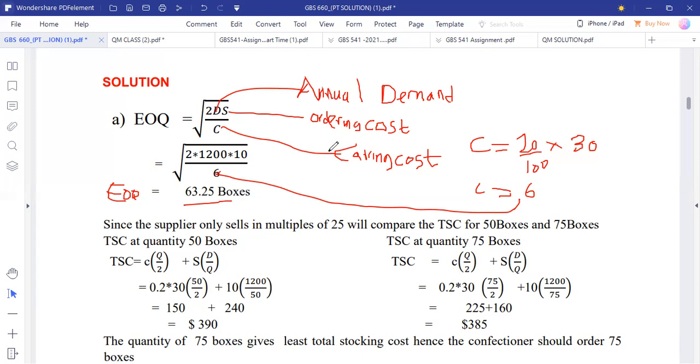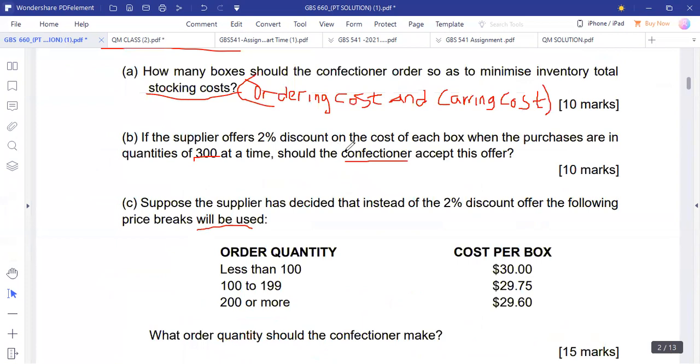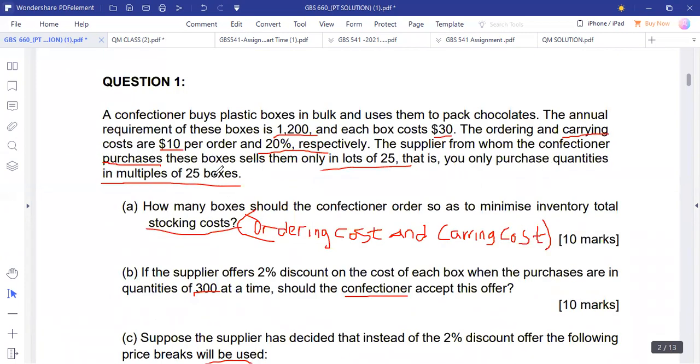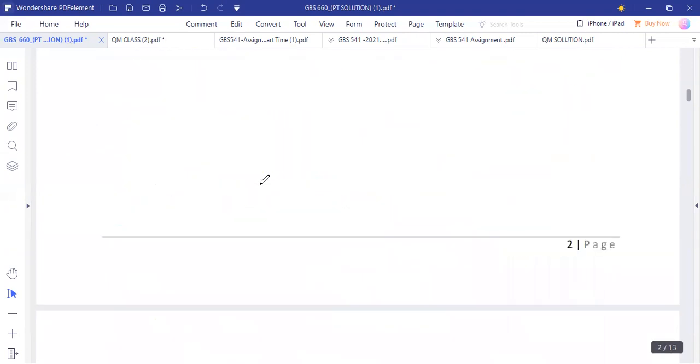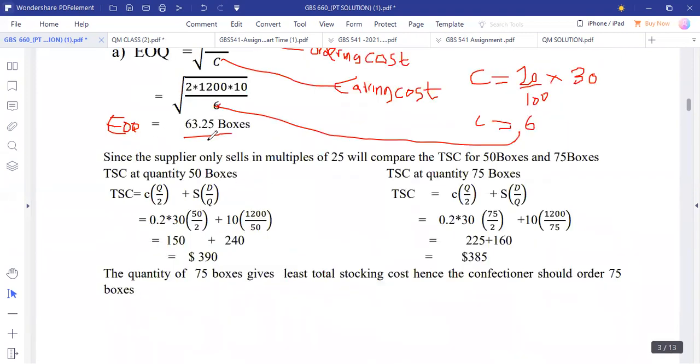The reason why I'm saying 50 is because we are only buying in multiples of 25. So if 25 is not enough, we need to buy 50 boxes, or we can get 75 boxes. Unless the EOQ was exactly 25 boxes, that would have been better.